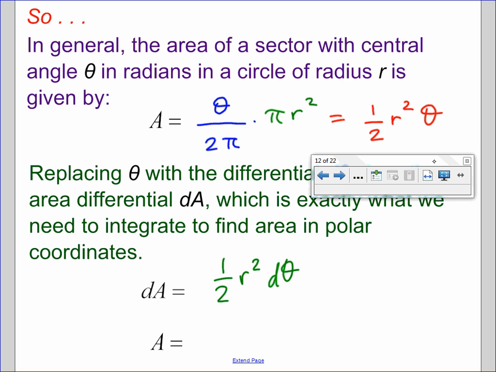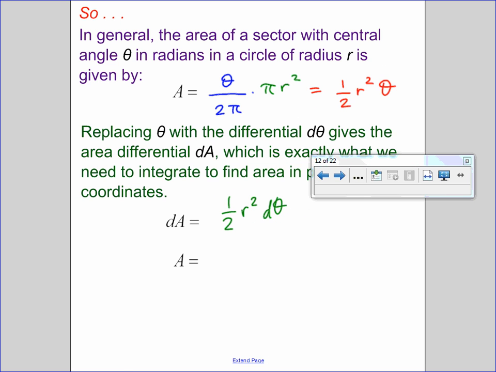That is, if dA is given by 1/2 r squared d theta, then you guessed it, A would be the integral of both sides. We'll be able to find our area exactly by integrating 1/2 r squared d theta, where r is my f of theta, my polar curve defined in terms of theta.